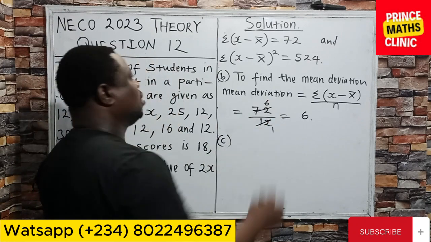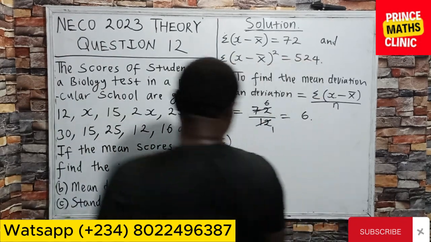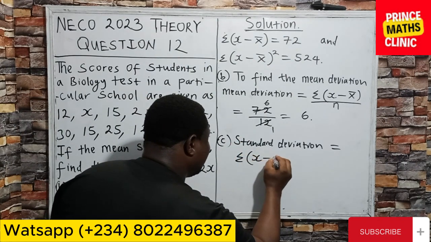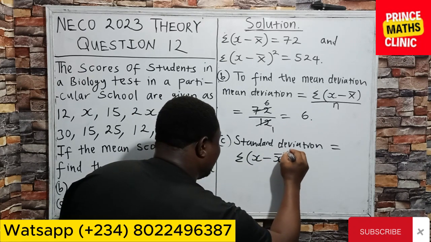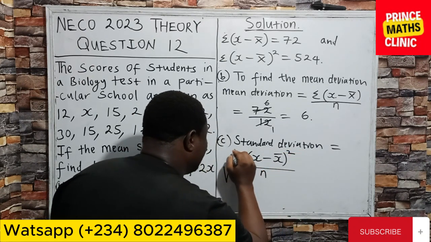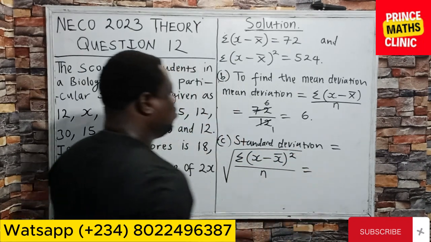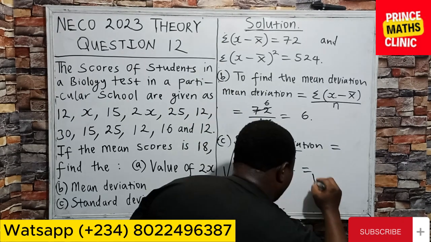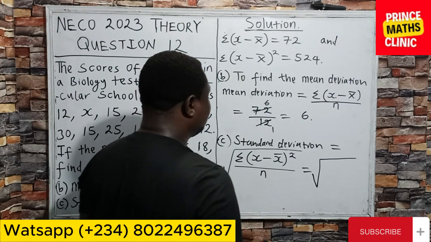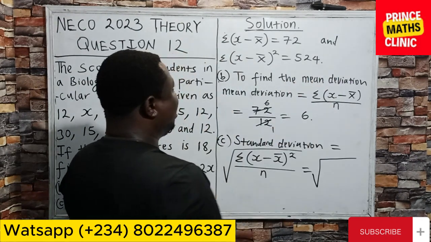Then, for standard deviation, the formula is the summation of x minus the mean, all squared, over n, and then put everything in its square root. That is what it means. So, the square root of everything we found here, which is 524.